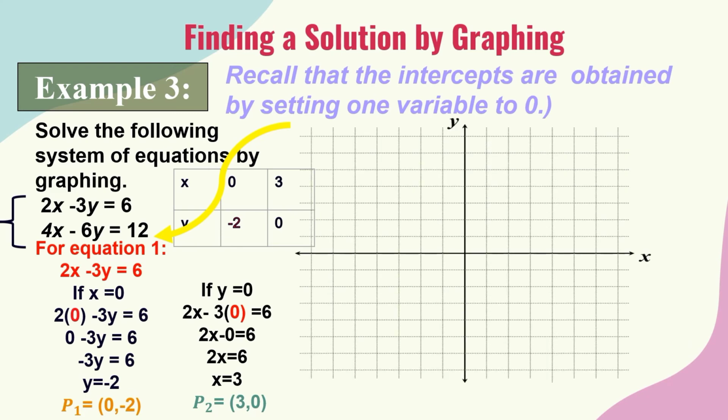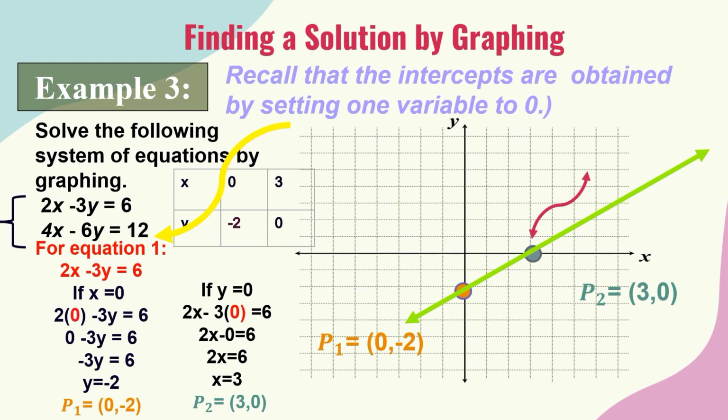Now, let us plot the points. In plotting the points, we have (0, negative 2) for the first point and (3, 0) for the second point. Connect the points using a line. So this is now the graph of 2x minus 3y equals 6.